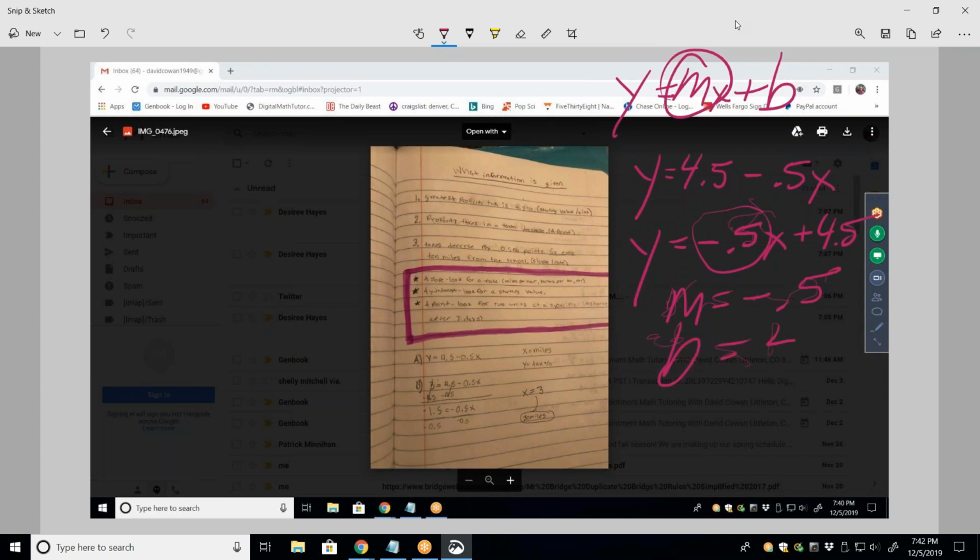So if I want to graph that, over here on the left, can you see that? Start with b, always. Go up to 4.5, and apply the slope. Now, how do I apply the slope of minus 0.5? In other words, I need to come up with a second point.